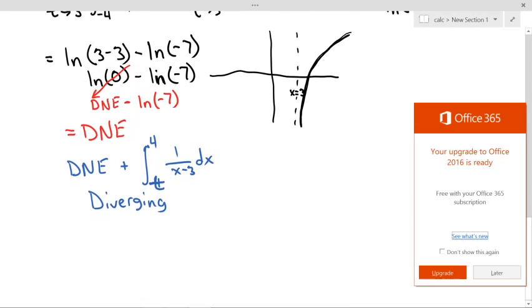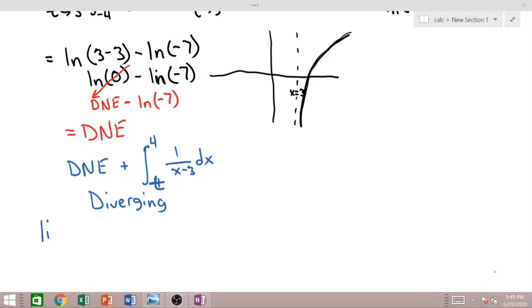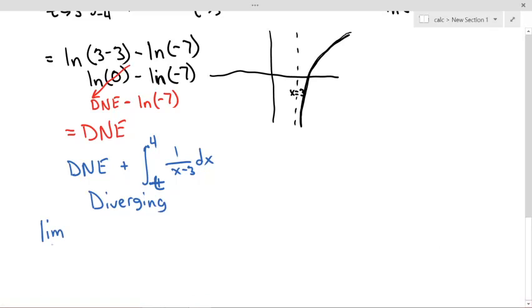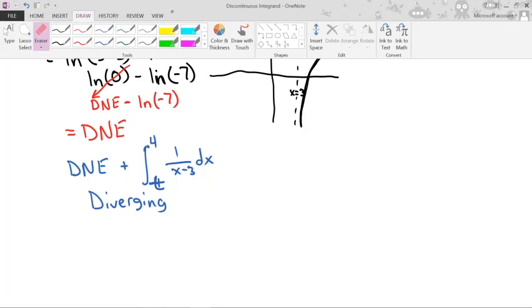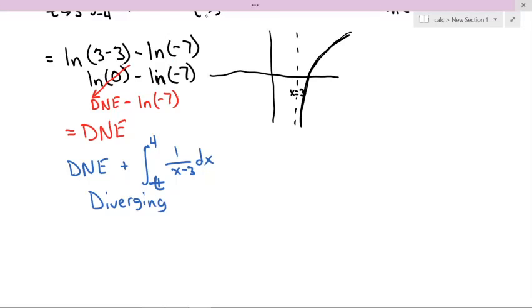So if we wanted to write out the answer to this question, I'll put it in green to make it the correct answer.